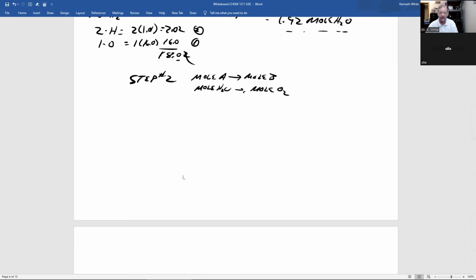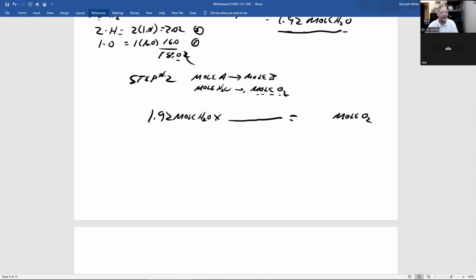So what do we do? Well, we just calculated the moles of water, 1.92 moles of water. We have a ratio. What answer do we want to get to? Moles of B. In this case, that's moles of O2.